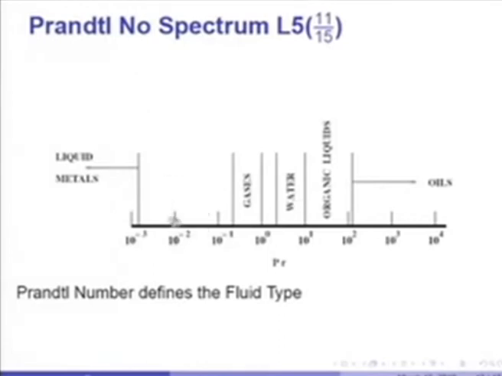There are not many fluids in this range, but from about, let us say, 5 into 10⁻³ to below, you essentially get liquid metals. So, you have the liquid metal range at very low Prandtl number, gases very close to unity Prandtl number, water and organic liquids between 3 and about 100, and oils much greater than 100.